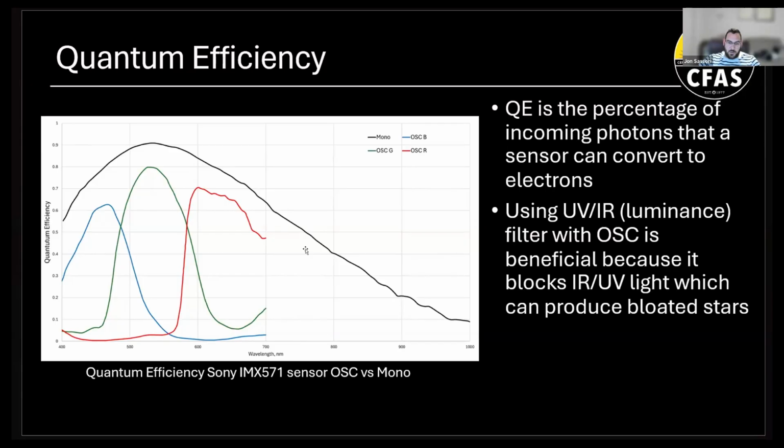So what I did here is I put the quantum efficiency of the Sony IMX571 sensor, which is an APS-C sensor. This black line is the quantum efficiency when it's just the mono sensor, so no Bayer matrix. And then the color lines are the quantum efficiencies for each color when you have the OSC, the Bayer matrix.